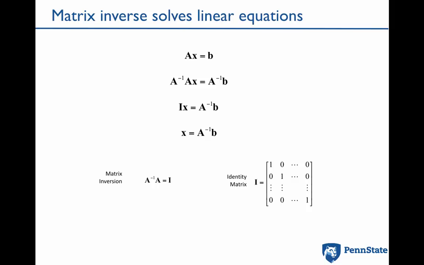You see that on the left, it undoes the multiplication by A, because the identity matrix times x is just x, and then what you have is x equals A inverse b. And what you've done effectively is divided by the matrix, but the proper way to think about it is you've multiplied by its inverse, multiplied by the special matrix that gets rid of the matrix on the left-hand side.